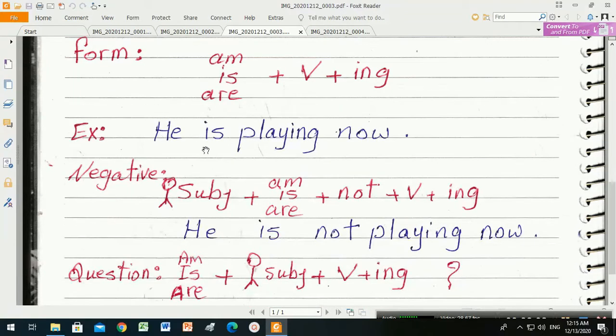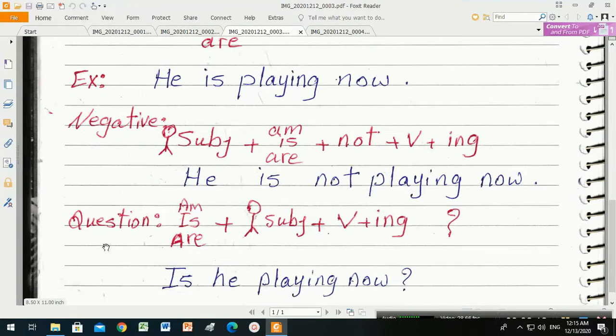For example, he is playing now. He is not playing now. It's very simple. Just put not after is or are or am. Okay? For a question, am, is, are come at the beginning of the sentence, and then the subject, and then the ing. Is he playing now? Question mark.